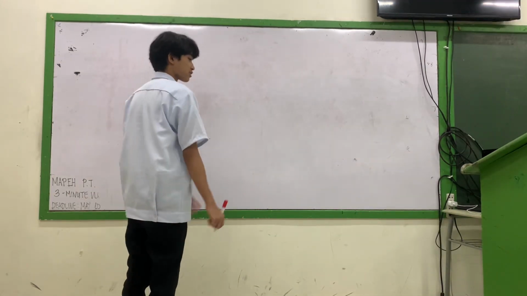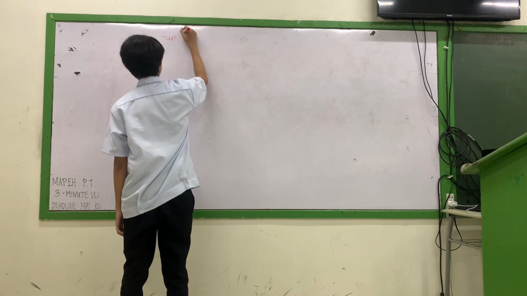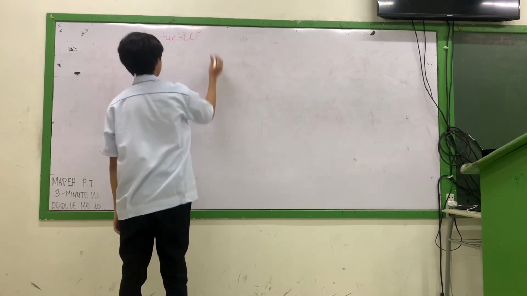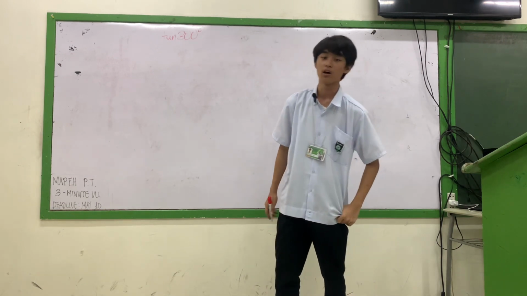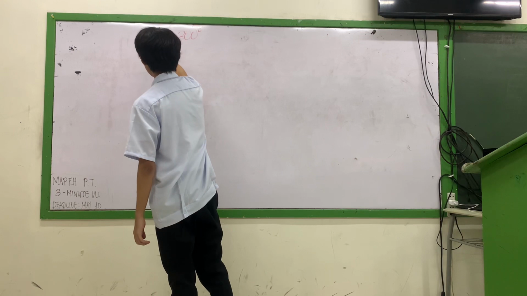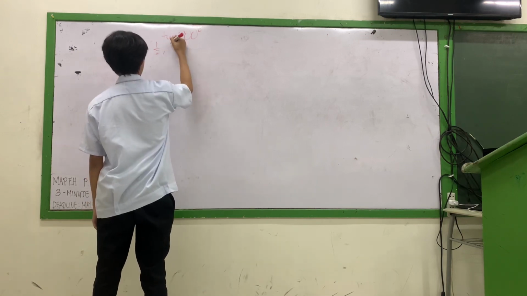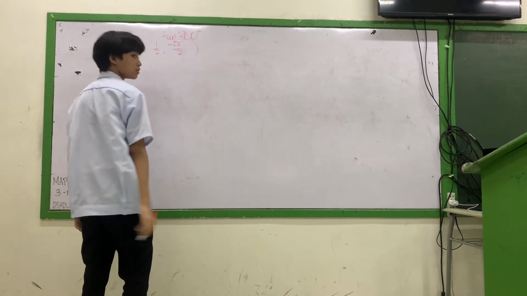So we are tasked with finding tan of 300 degrees. To find tan of 300 degrees, we'd first need to find the terminal points of 300 degrees. Now the terminal points to that are 1/2 and negative square root of 3 over 2.